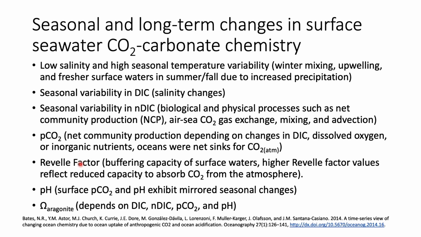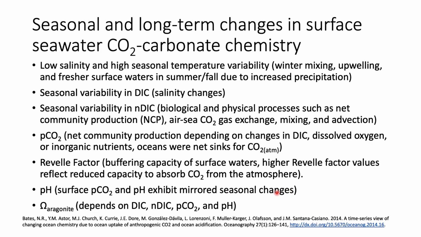And we have also seen earlier about the Revelle factor, the buffering capacity of the surface waters. The higher Revelle factor values reflect a reduced capacity to absorb CO2 from the atmosphere. So these are all the changes that will happen, and these are long-term changes. And of course, the surface partial pressure of carbon dioxide and the pH exhibit mirrored seasonal changes.